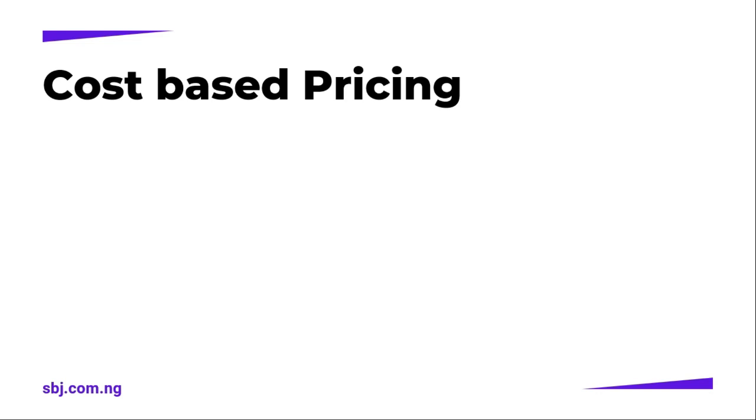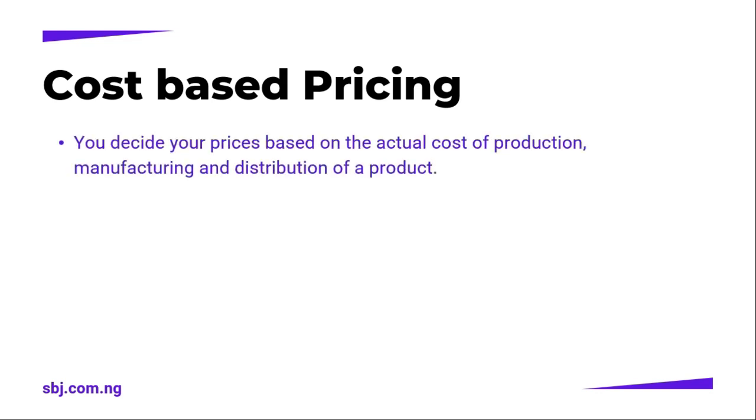So we're at cost-based pricing, and this is the first method that I'll be looking at when it comes to setting profitable prices for your product. Under cost-based pricing, you basically decide your price based on the actual cost of production, manufacturing, and distribution of a product.